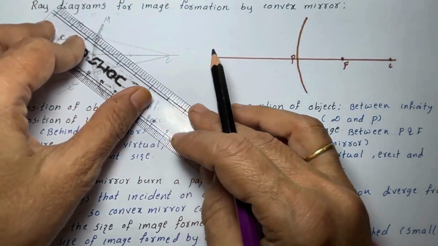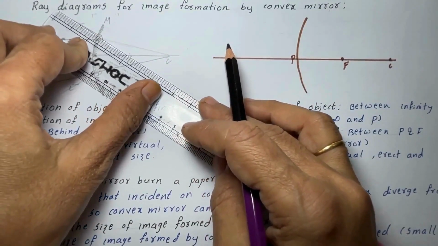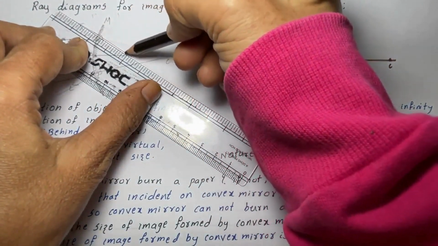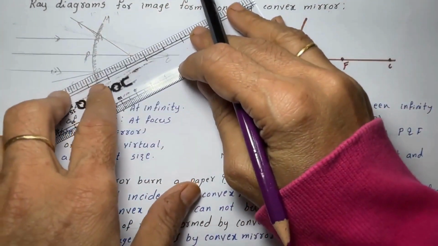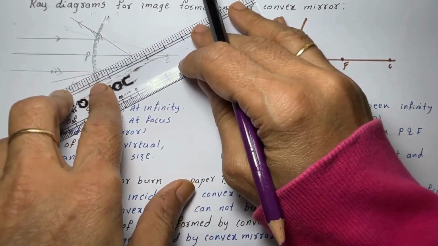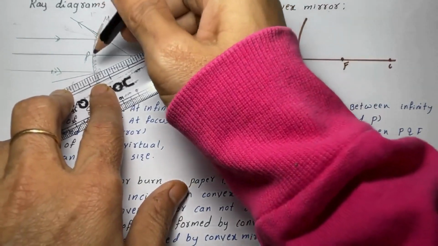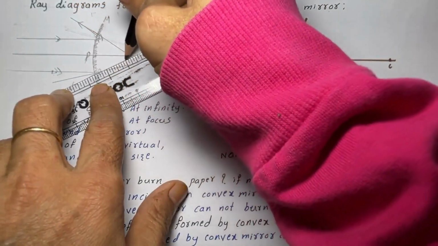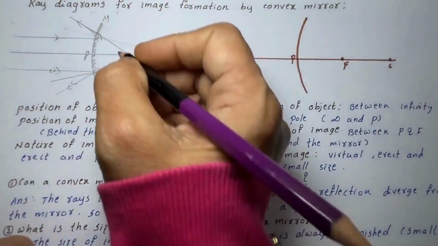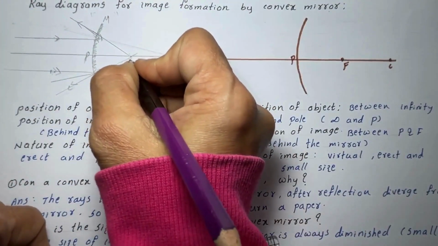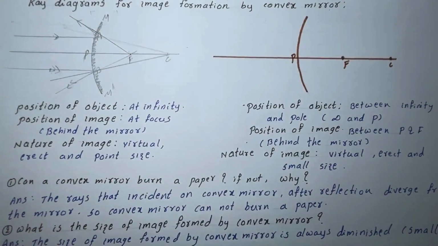Just extend the reflected rays backward onto the principal axis. So these two extended rays meet at one point on the principal axis, that is on F.